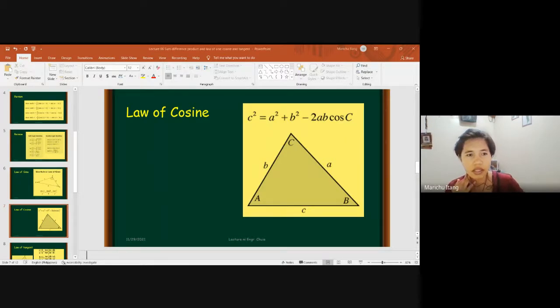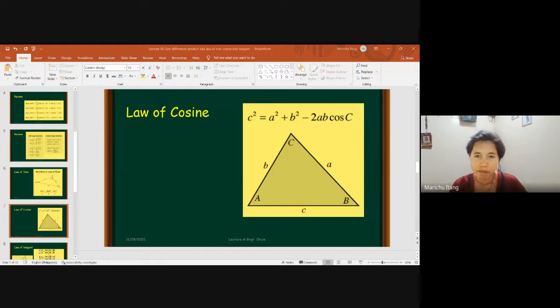Similarly, if we are looking for the length of a, a squared equals c squared plus b squared minus 2cb cosine of A. If we're looking for b, b squared equals a squared plus c squared minus 2ac cosine of B. So we have three formulas.